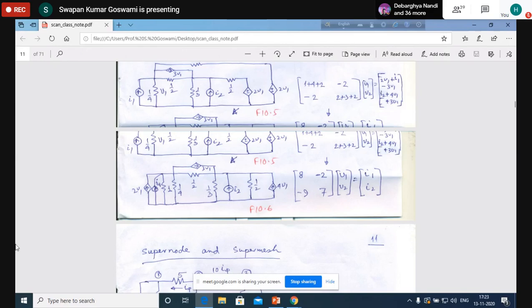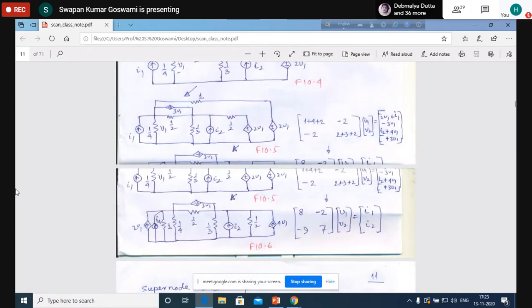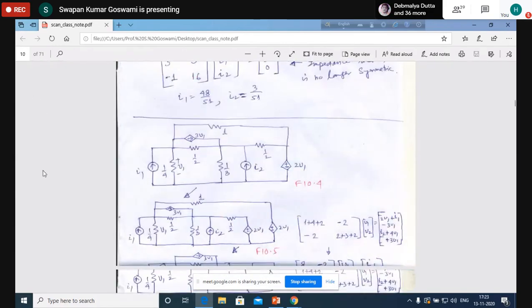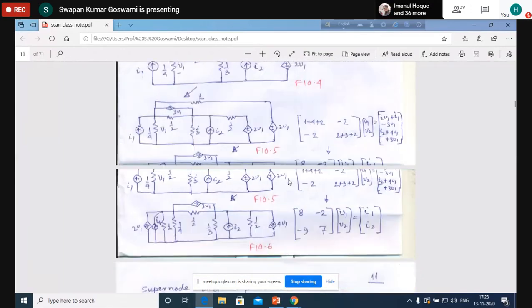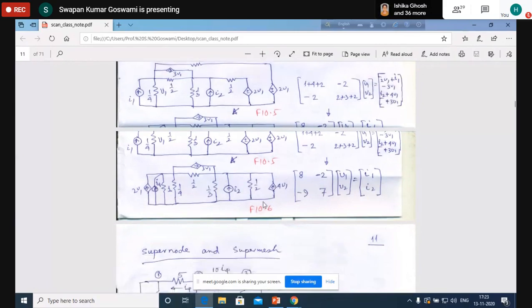I am not discussing all the steps of this network, since I have explained the other circuits, and I think you can very easily follow figure 10.4. You try it. If you face any problem in understanding, I shall repeat it. But I hope there will be no problem because the steps are very simple.